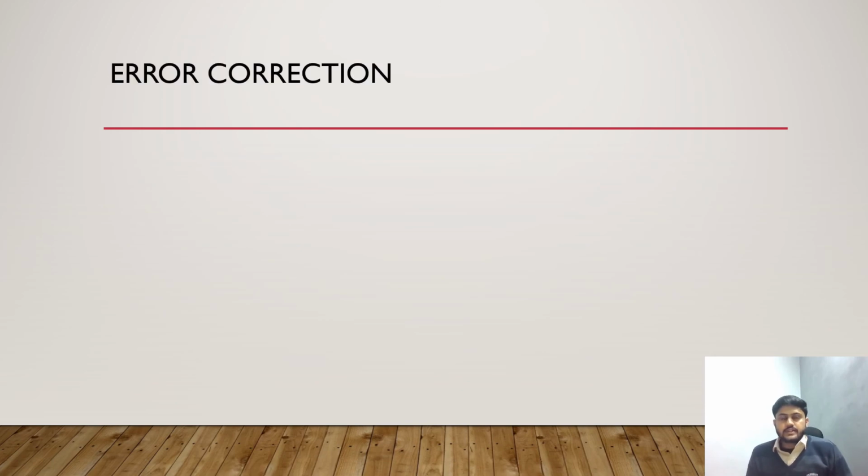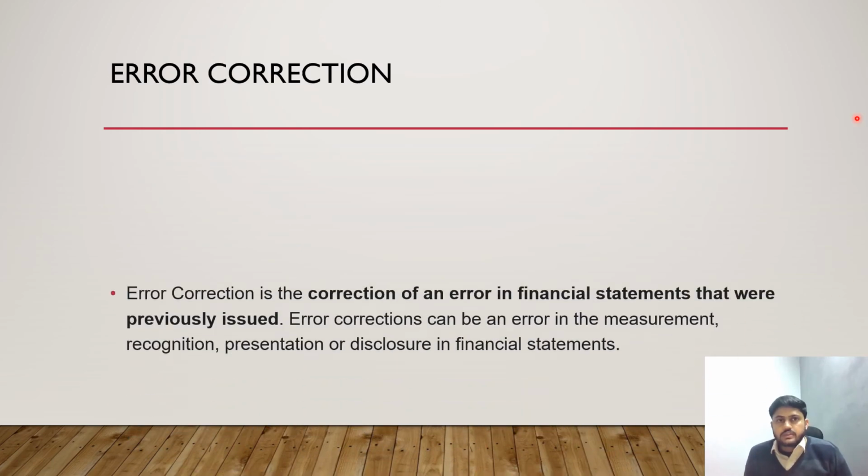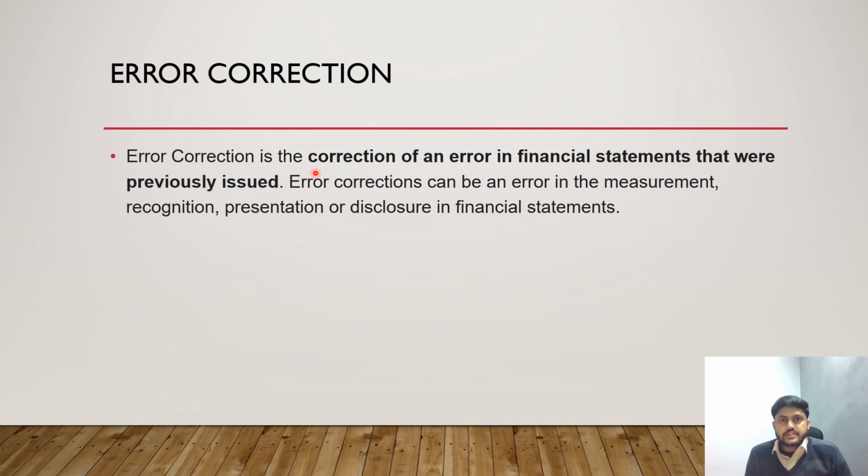What is the next point? Error correction. The definition: error correction is the correction of an error in financial statements that were previously issued. The main difference between this and change in accounting principle is that in case of accounting principles, the change from previous method to current method, both were as per GAAP.